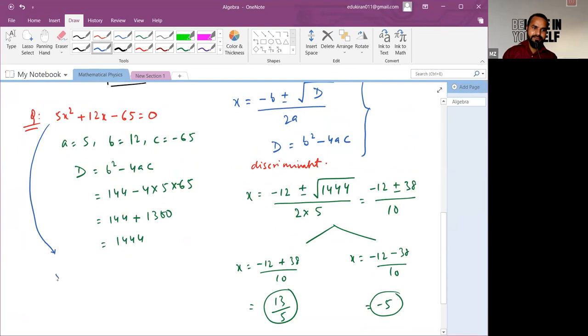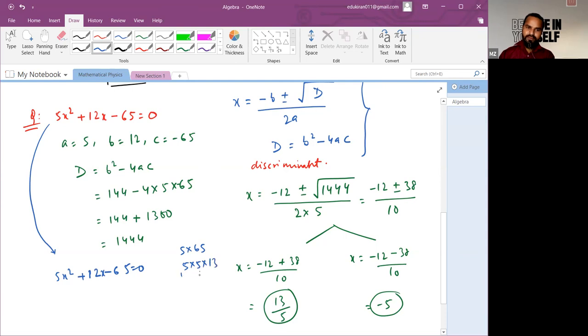Let's say you have 5x squared plus 12x minus 65 is equals to 0. So you have to take the product of first term and last term. So it will be 5 into 65. Just break this particular 65 instead of taking the whole product. So it will be 5 times 13.